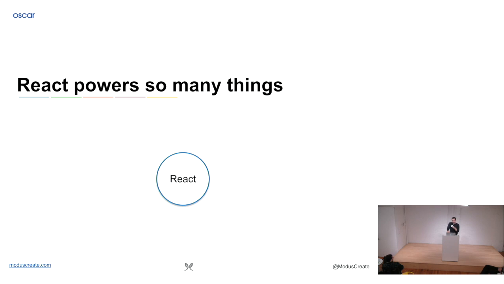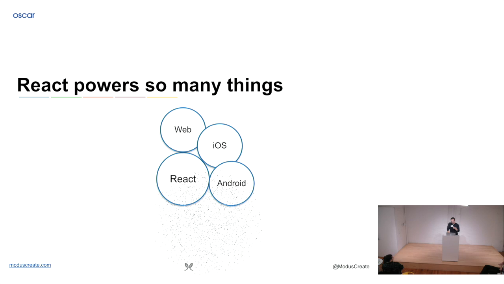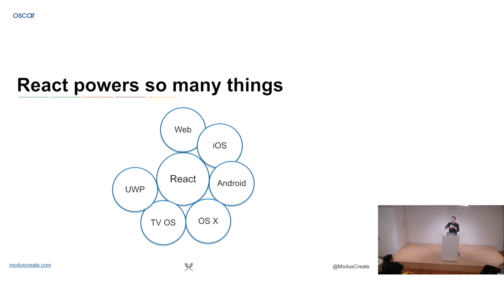Now, React itself powers a lot of little things, and that's the whole point of React itself: it's agnostic to what the deployment target really is. So you got web, React DOM, iOS, React Native, Android, OS X, or macOS now, tvOS. That's already baked in right now into React Native. 0.41 has proper tvOS support.